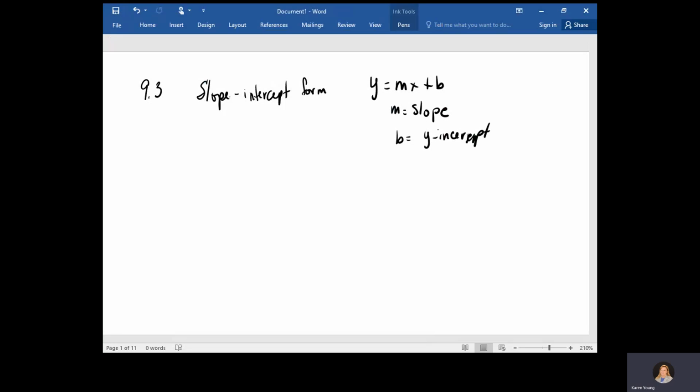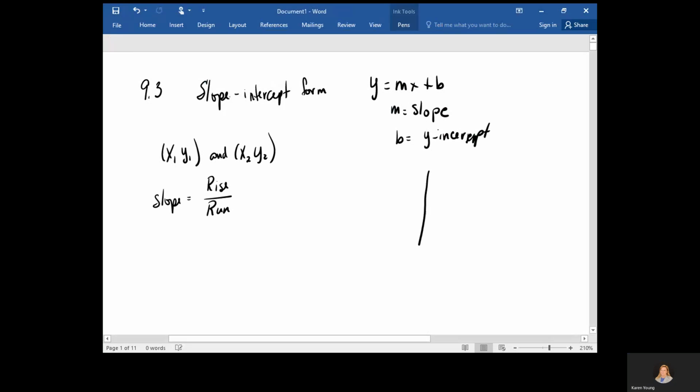Sometimes you're given the slope, sometimes you have to find the slope. To find the slope, you're given points x1, y1, and x2, y2. Your slope is equal to your rise over your run.